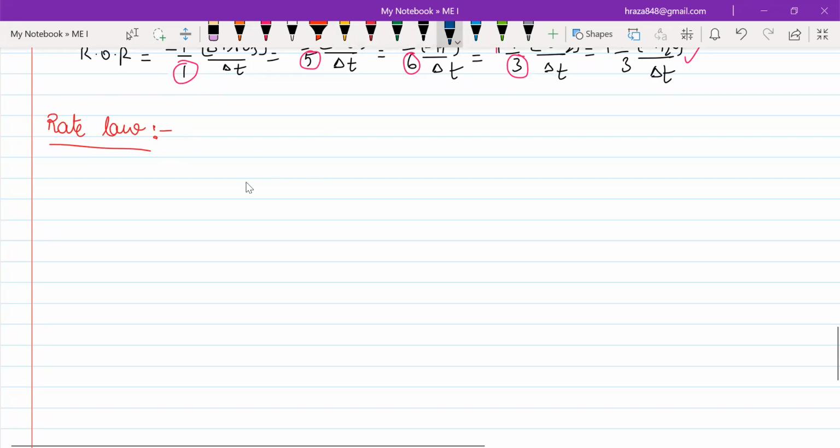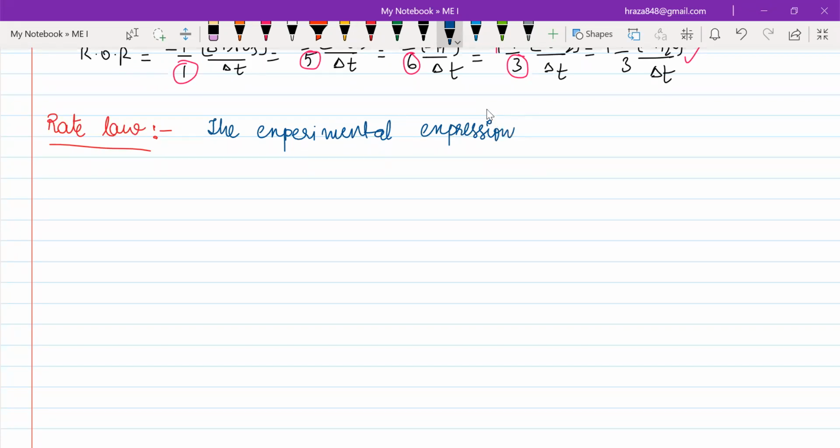Rate law. So basically, it is an experimental expression of rate in terms of concentration of reactant.